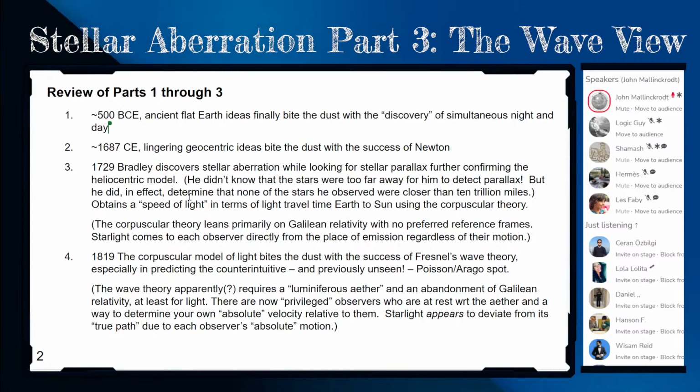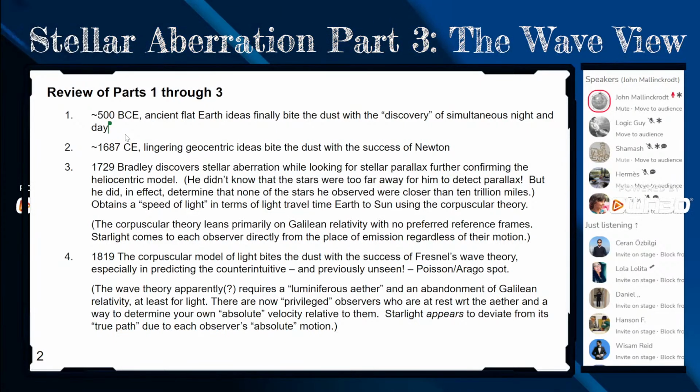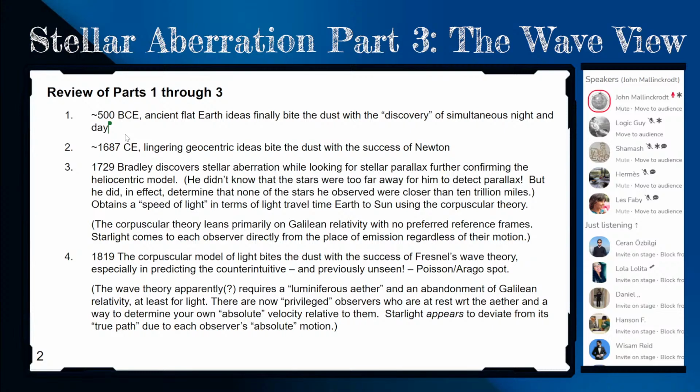He could actually detect the motions of stars back and forth around their mean positions. He was looking for stellar parallax when he saw something that looked a lot like stellar parallax, except it was 90 degrees out of phase.